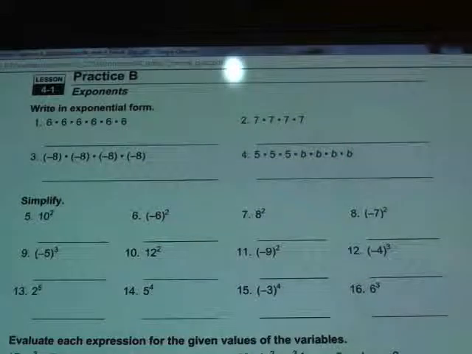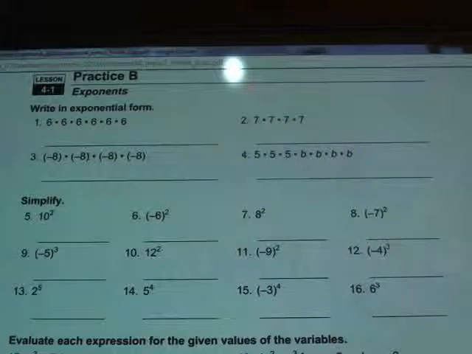So if we take a look at number 1, it says 6 times 6 times 6 times 6 times 6 times 6 times 6. Well, remember what a power is. A power consists of a base, which is the number that's being multiplied together, which is of course going to be in this case 6, and an exponent, and the exponent represents the number of times it's being multiplied together.